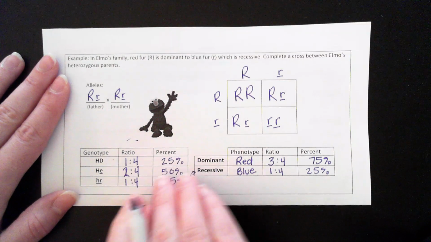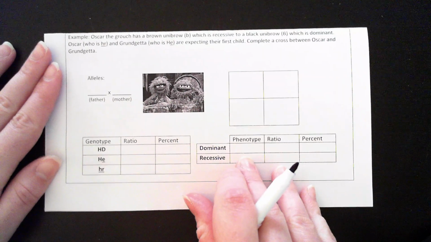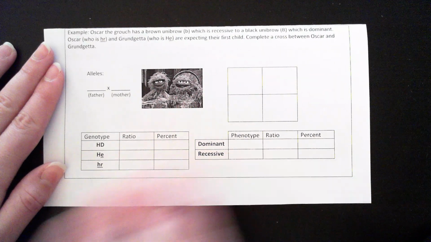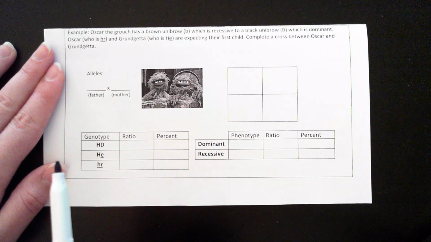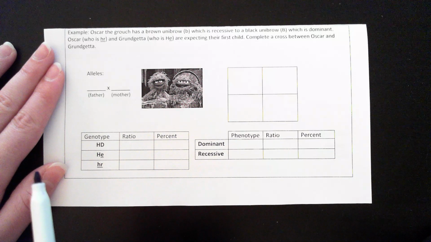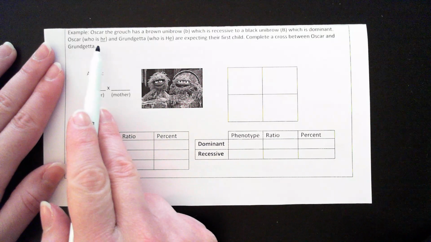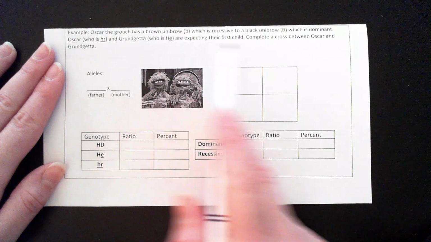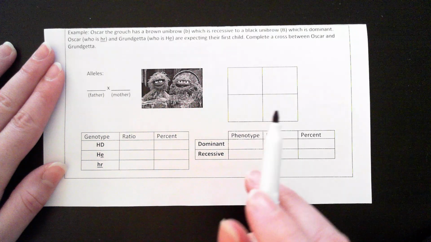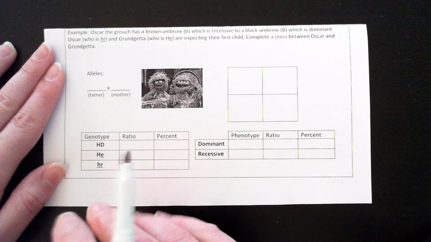Let's do one more example. So Oscar has a brown unibrow, lowercase b, which is recessive to a black unibrow, which is dominant. Oscar, who is HR, and Grangetta, who is HE, are expecting their first child. Complete a cross between the two.